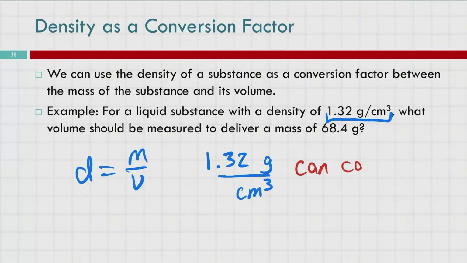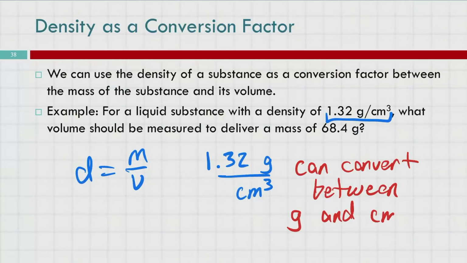And we can convert between grams and cubic centimeters, because those are the two units that are in our value here. So we're going to use some concepts from algebra where we can cancel out our grams and our cubic centimeters. They basically behave like an x or a y that we would see in an algebra problem.